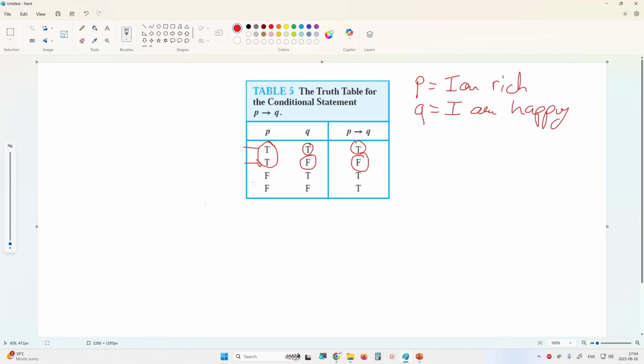But let's have a look at the other two. Let's say I am not rich and I'm happy. This means if I'm rich, then I'm happy. But actually I'm not rich, but I'm happy. And still, if P then Q, the result is going to be true.